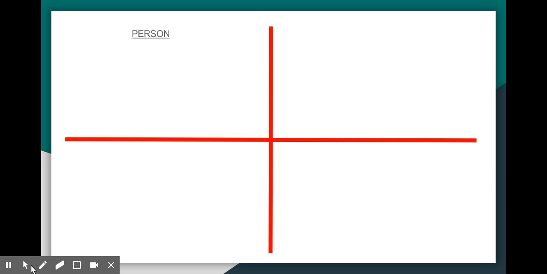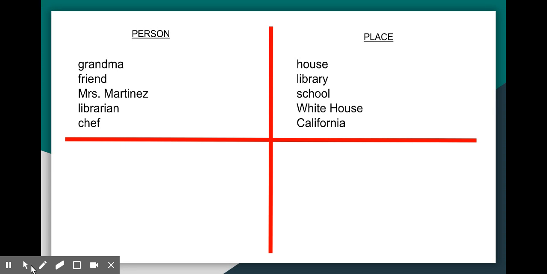Okay, so we have person, and a person can be grandma, friend, Mrs. Martinez, librarian, chef. I could go on and on with that. We have places. Places can be a house, a library, school, the White House, or California.